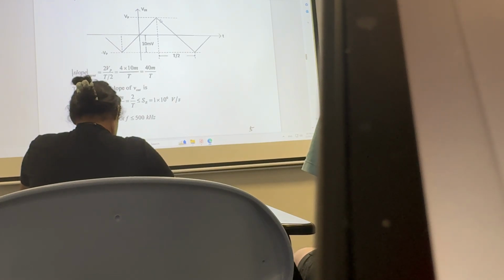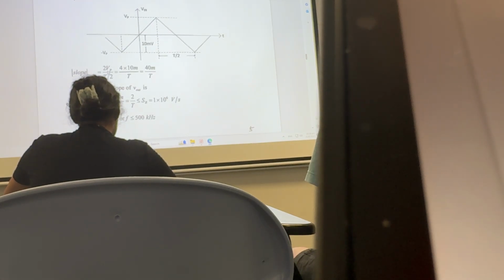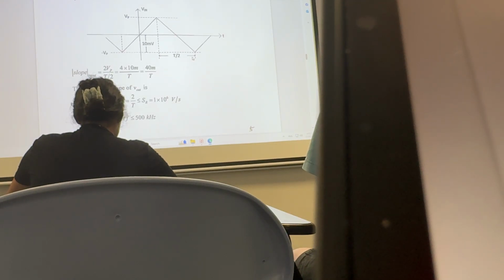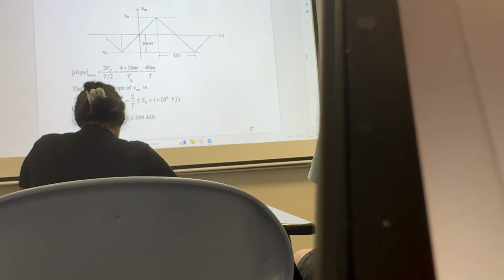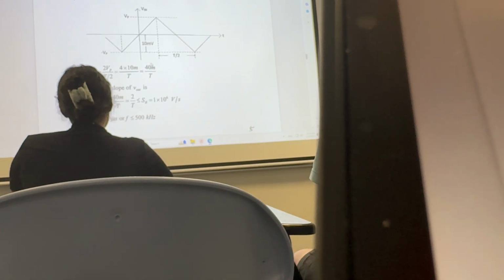This is a divide by VP, and this vertical is 2 VP. The slew rate is the maximum rate of change of output over the duration T. But this is T over 2, right? So 10 millivolt becomes 20 millivolt. T over 2, right? The T becomes 4, so you get 40 millivolt over.